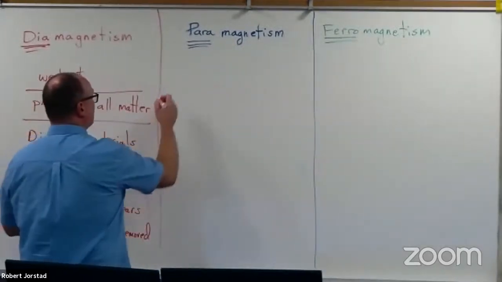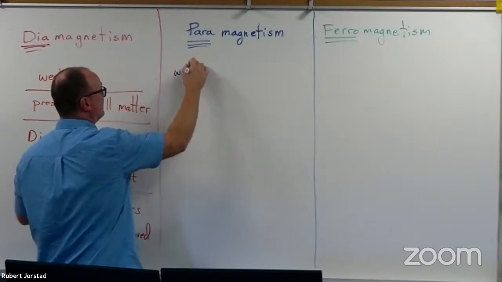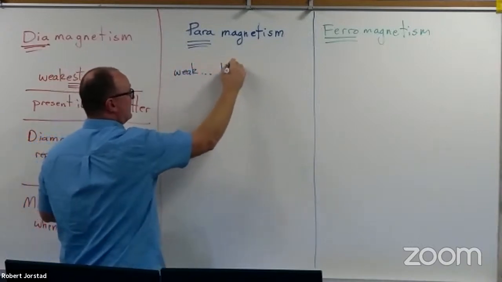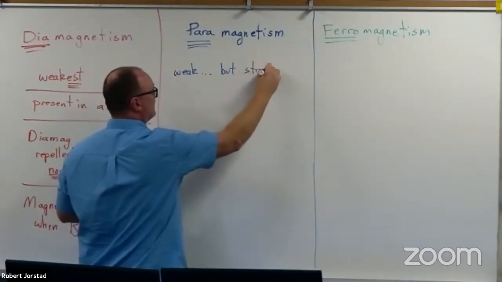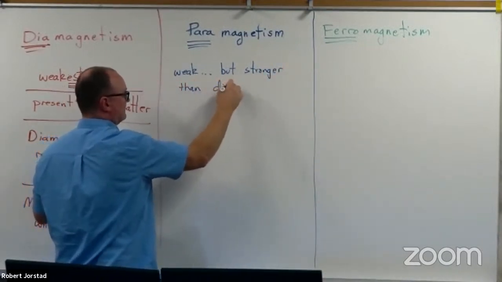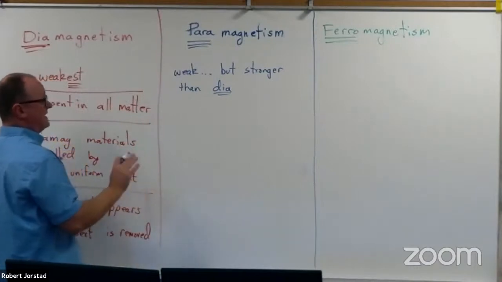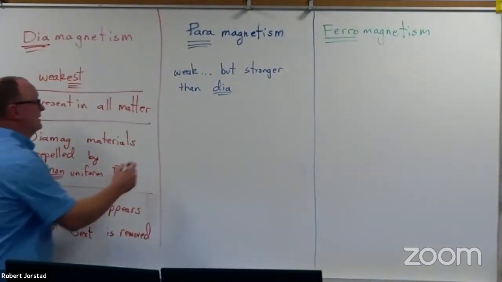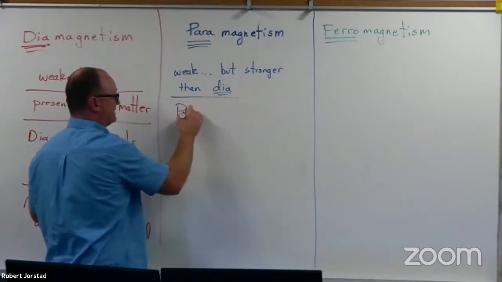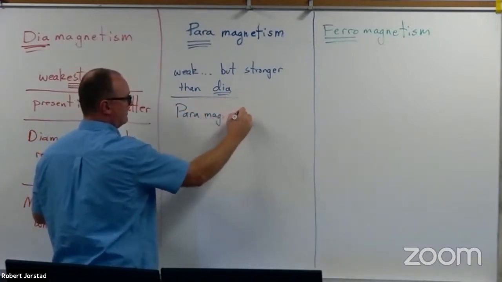So it's weak. Oops, let's go to blue. But it is stronger than diamagnetism. All right. And this is not present in all matter. And the interesting thing about paramagnetic materials, it's a very weak attraction.